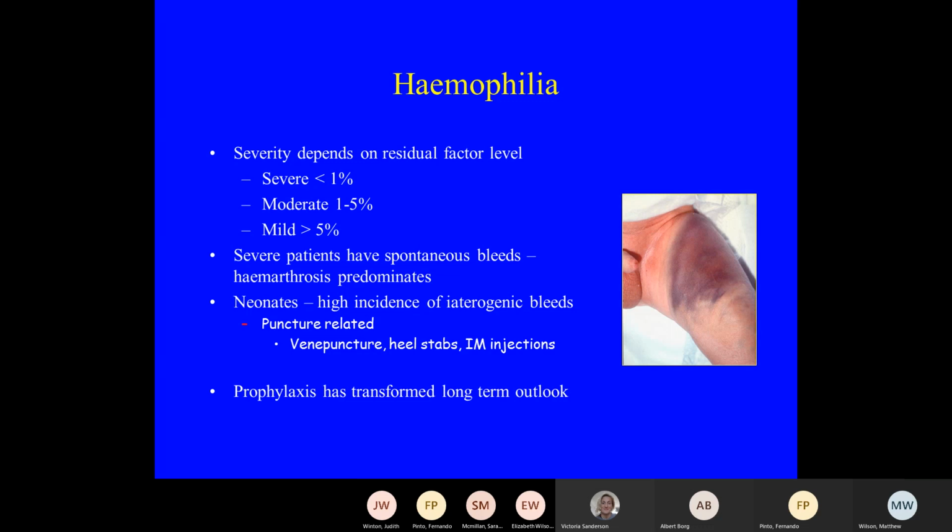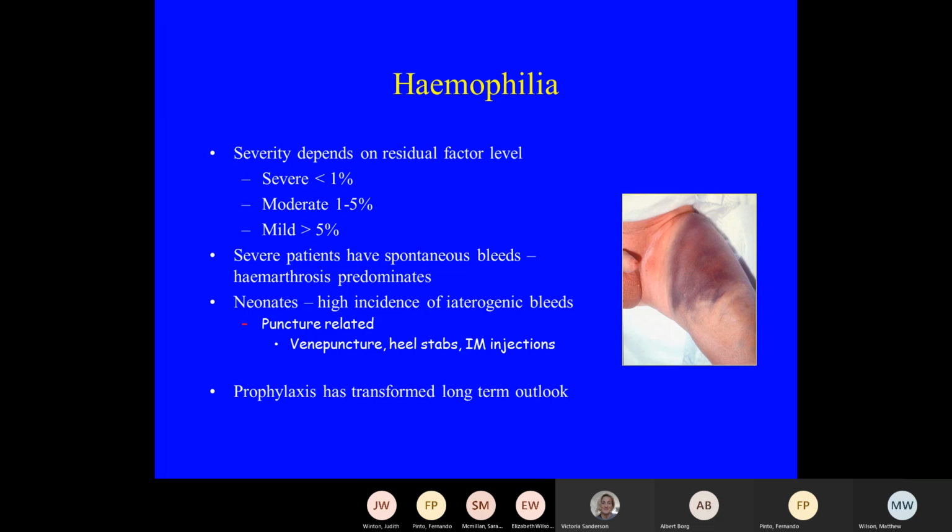The severity depends on what the baseline factor is. So the long-standing classification over the decades has been severe hemophilia A or B when it's less than 1%, moderate when it's 1 to 5, and mild when it's over 5. People who have hemophilia normally can have spontaneous bleeds, which are normally in the joints.